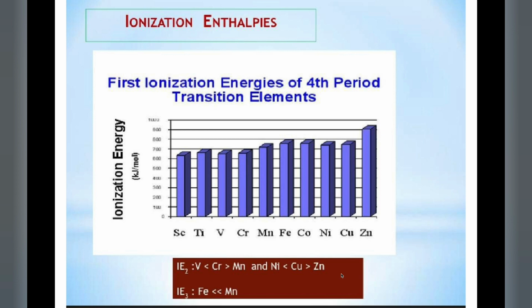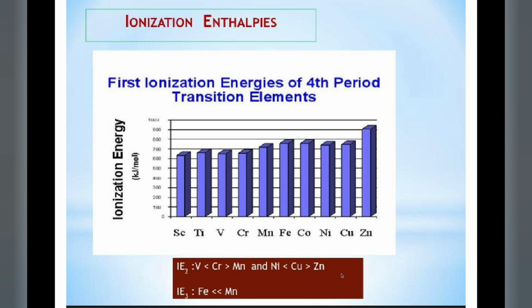The second ionization enthalpy of Cr is greater than V but less than manganese. Like that, nickel, copper and zinc: copper is greater than nickel but less than zinc, so it lies between nickel and zinc.